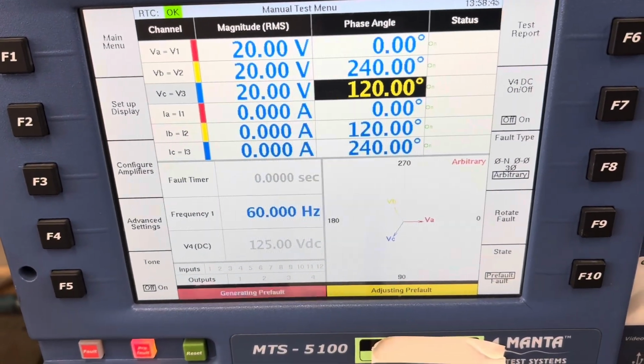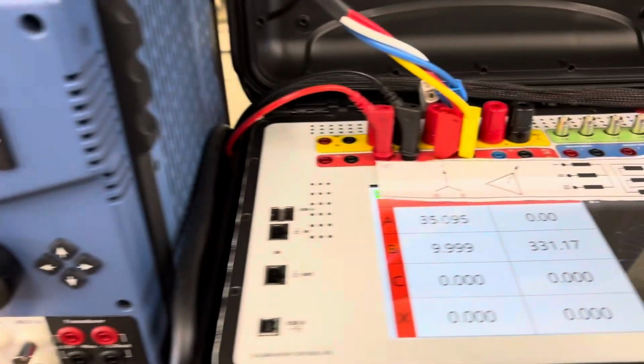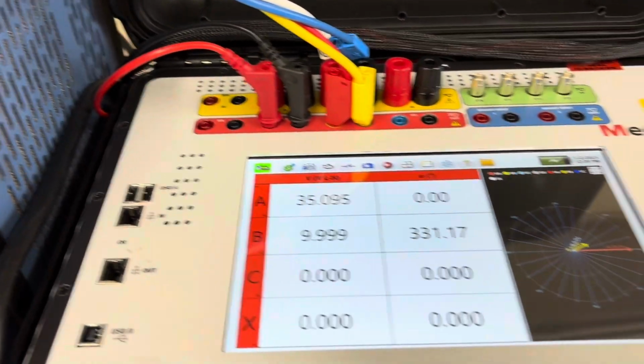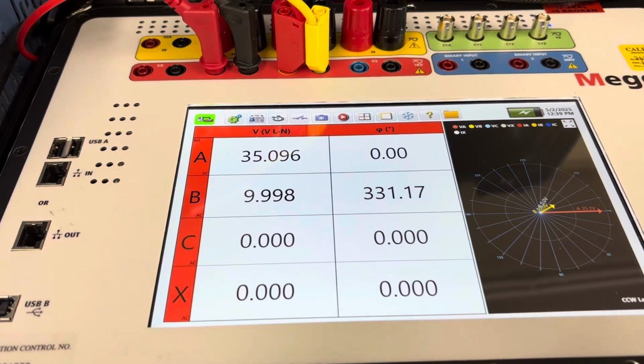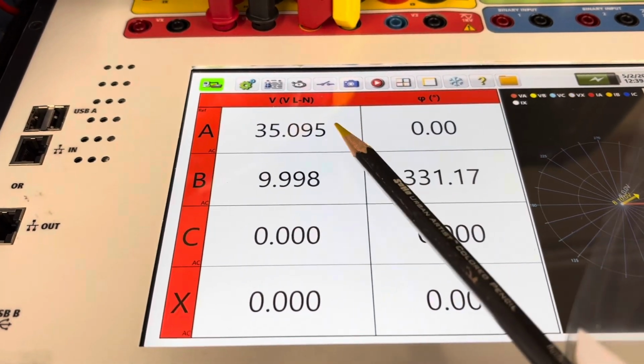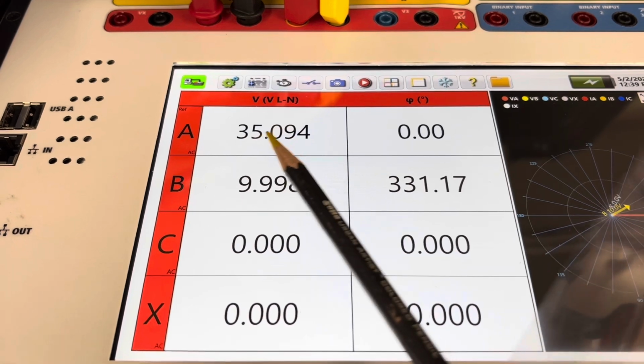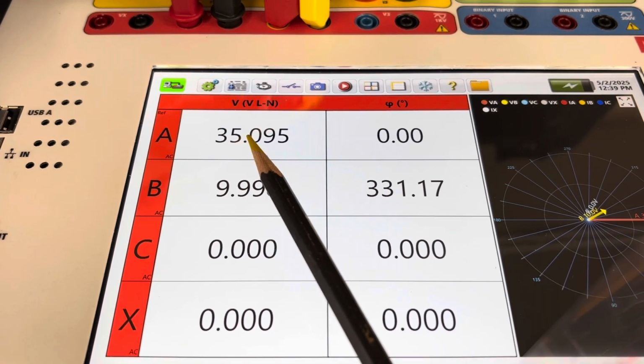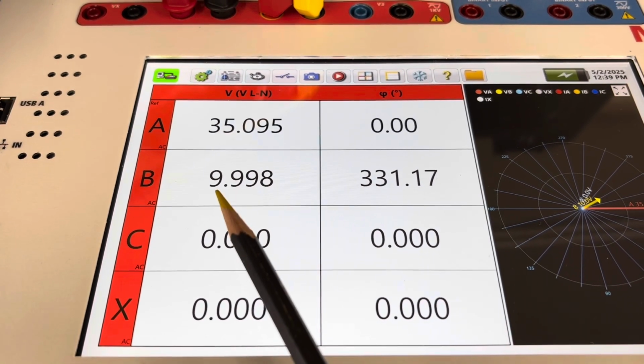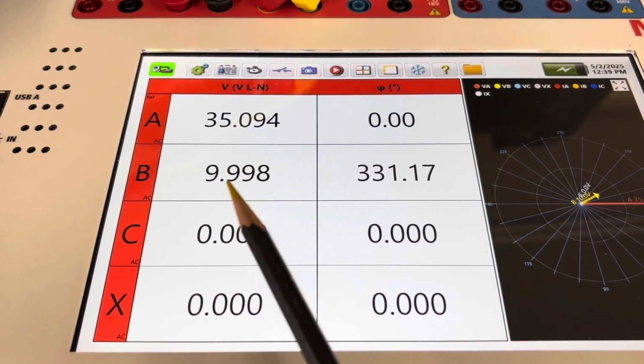So let's go ahead and move back over. Nothing's changed as far as physical wiring. Again, our A to B phase-to-phase voltage is about 20 volts times the square root of 3, and on the X winding, it's about 10 volts.